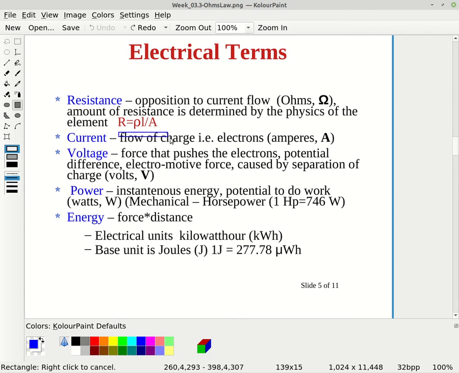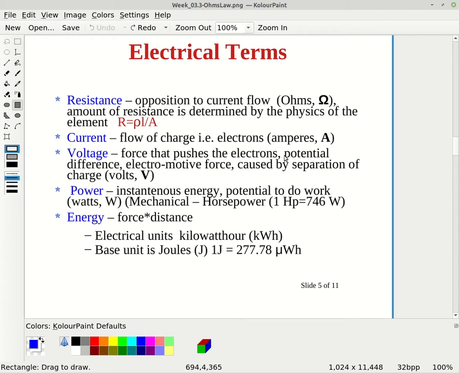Current is the flow of charge. So officially current is the flow of charge, but in solid materials it's technically going to be the electrons that are actually moving. The unit for current is the ampere, and we use a capital A to symbolize the unit ampere. Again, it's capitalized because it's named after a scientist, so it's a proper noun. Voltage is the force that pushes those electrons or moves that charge.